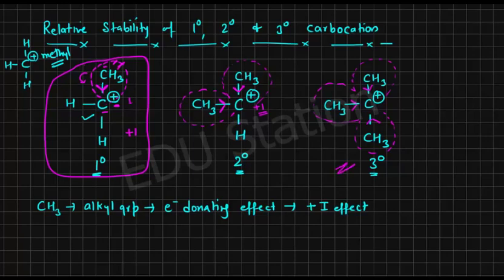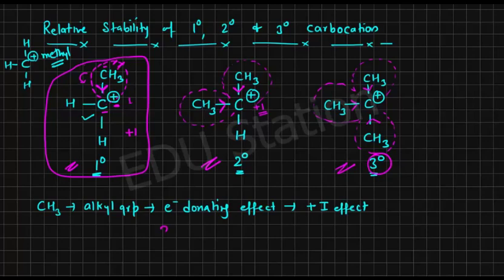There are 3 alkyl groups in this, there are 2 alkyl groups in this, there is only 1 alkyl group in this. So, amongst the 3, where do you think there is maximum dispersion or spread of positive charge? It is very obvious when you look at these figures that the maximum dispersion is happening in case of tertiary.